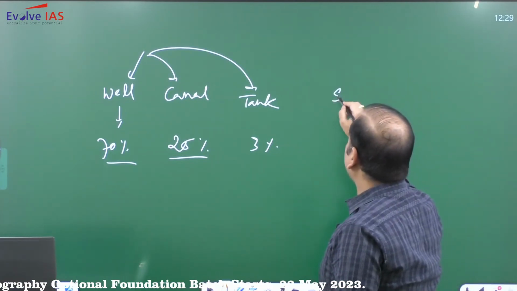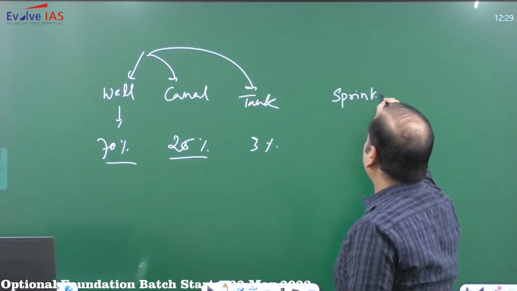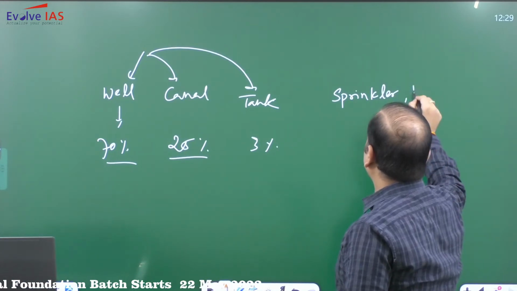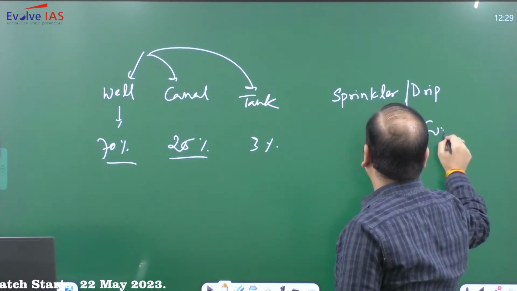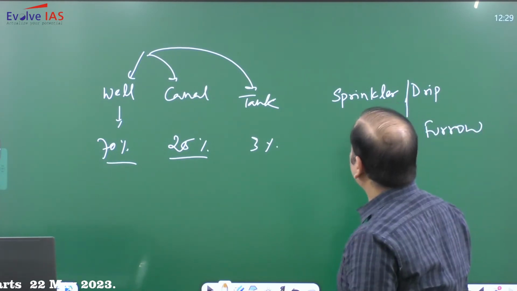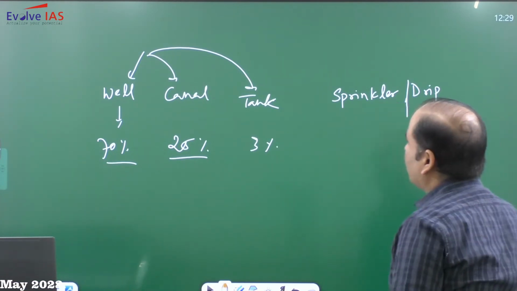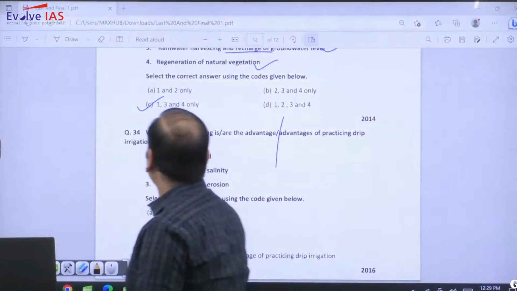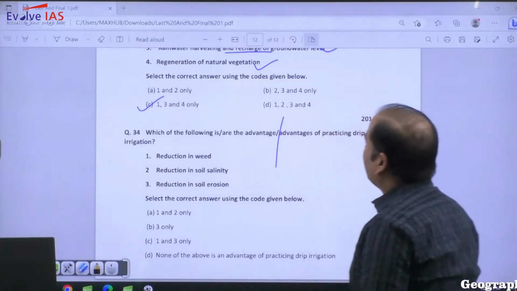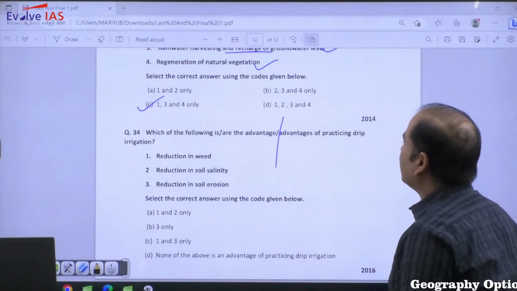So in modern we have sprinkler, drip irrigation, and furrow irrigation as well. So these are the different forms of modern irrigation methodology. Now, which of the following are the advantages of practicing drip irrigation?